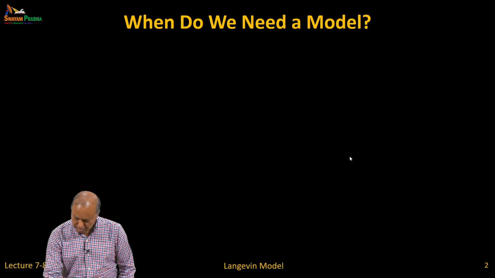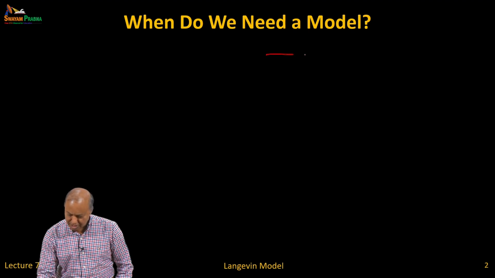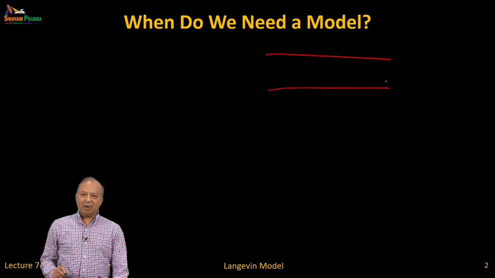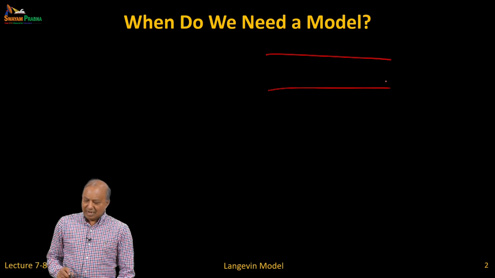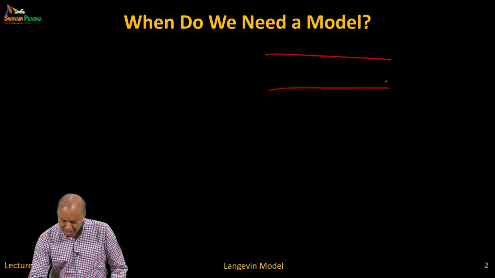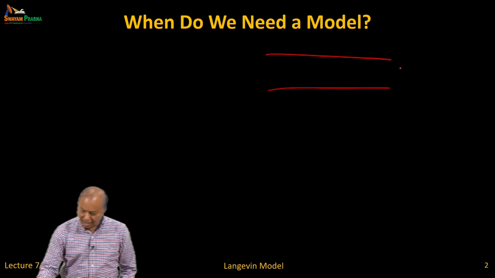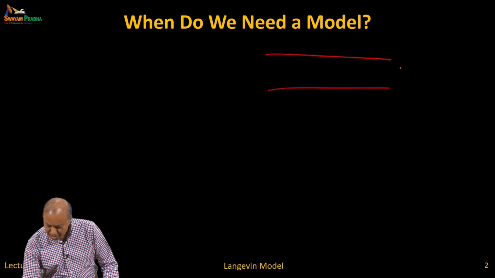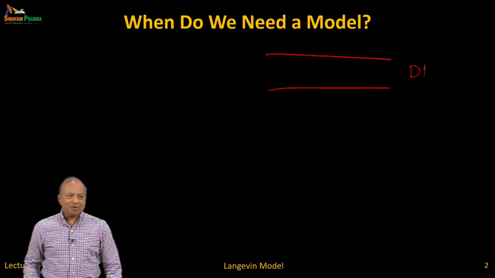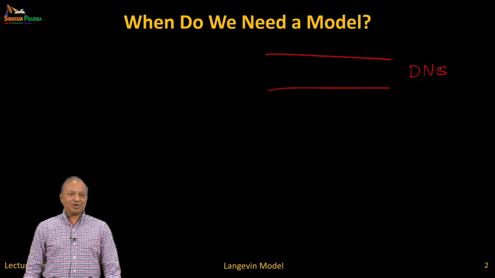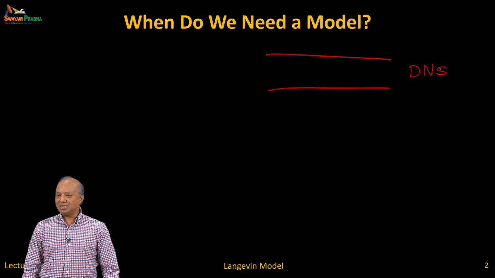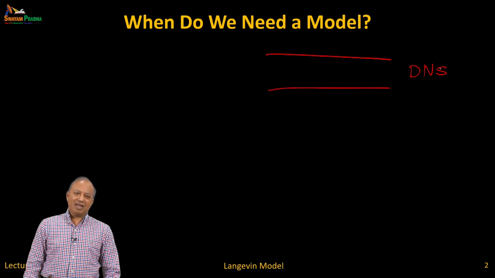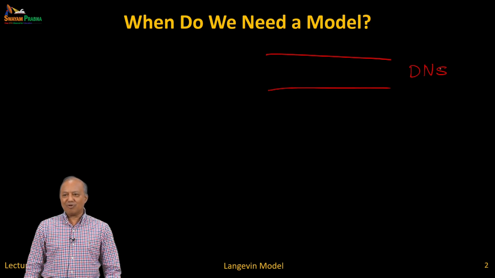Okay, so let's say we have a channel or a pipe, and let's say we are doing DNS. It's really not direct. You're not allowed to call it strictly direct numerical simulation, because that term means you resolve everything, including flow around the particles.